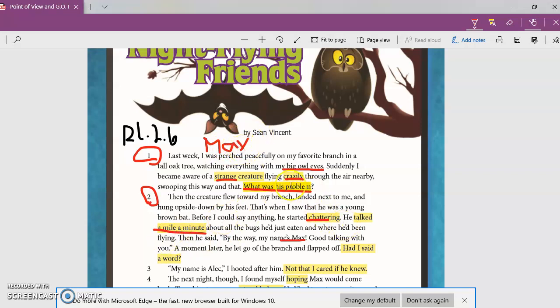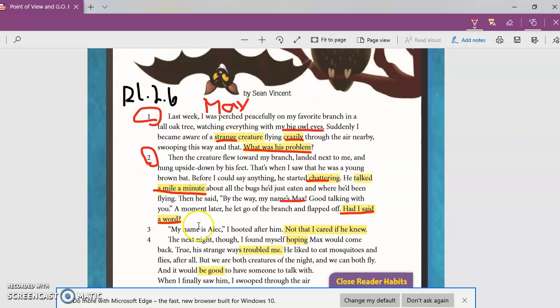Again, we can just tell that the owl is not too fond of the bat because he says this phrase, had I said a word? He didn't even get to say anything because Max was talking so much, or so he thinks.